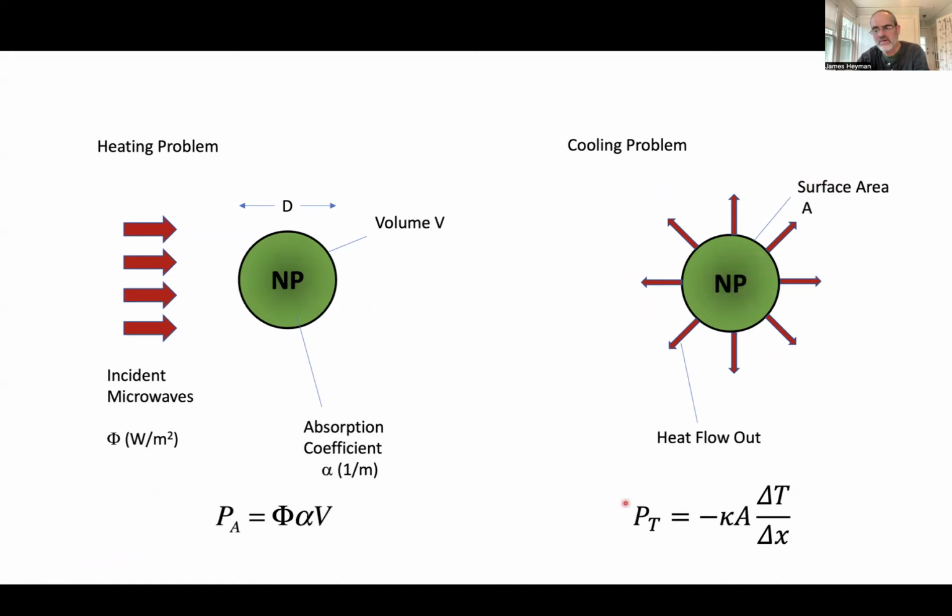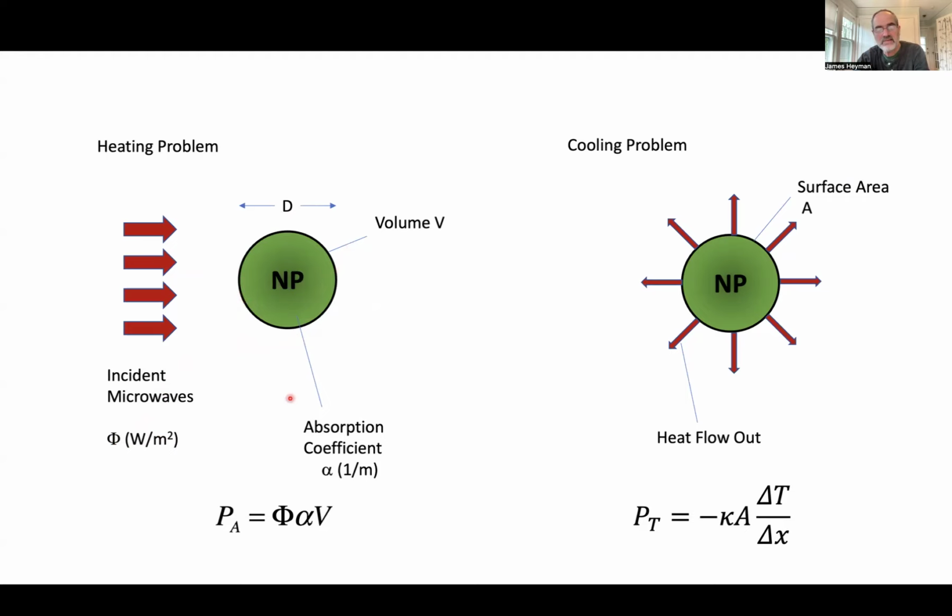So we know how that works. What we have to add is this, the absorption of power from the microwaves. So suppose we have microwaves with some incident intensity phi in watts per meter squared. Okay, so that's power per unit area. And that's incident on a nanoparticle.